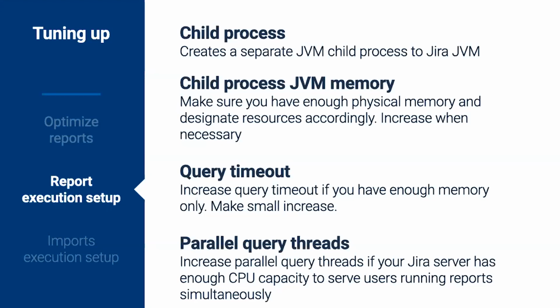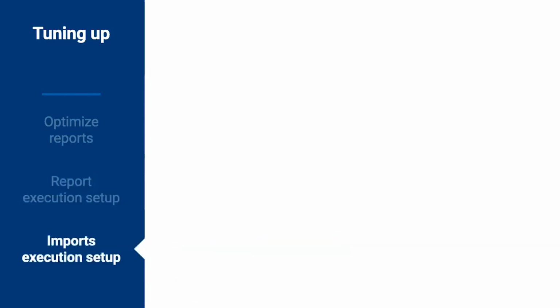You can also update and run your queries or report executions in more parallel threads, but make sure that in this case, Jira CPU capacity will be more affected than memory. Then next is imports.